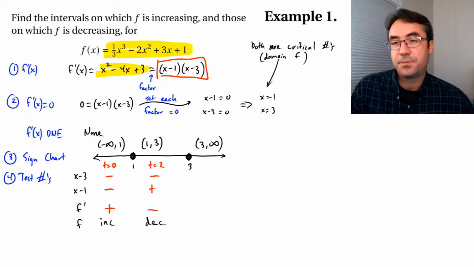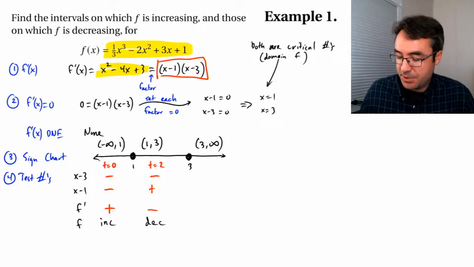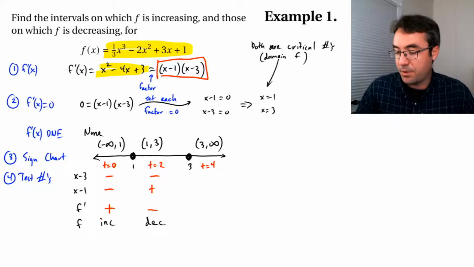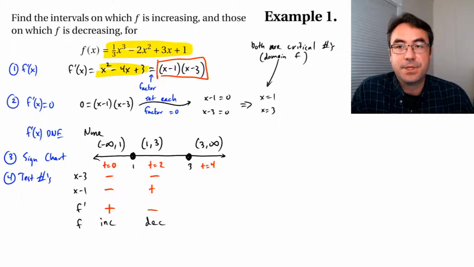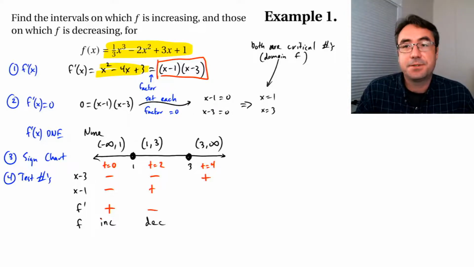And that means our original function is decreasing on that interval from 1 to 3. One more interval, 3 to infinity. Let's pick a test number. So something bigger than 3. So maybe 4. Doesn't matter. Could pick 5 or 10. Whatever's easiest. Let's plug 4 into that first factor, the x minus 3. So we get 4 minus 3, which is a positive result.